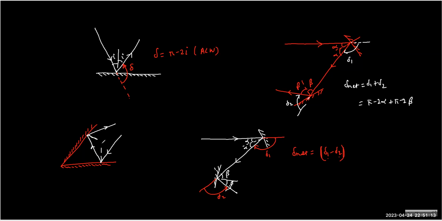So it is suffering exactly two reflections. The question is, if the total deviation suffered by the ray is equal to the angle between the mirrors, what is the angle? Question is clear? Yes. So find theta.